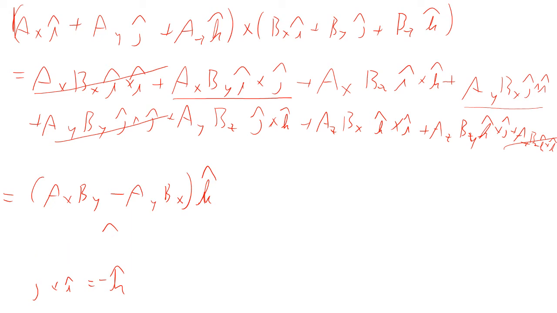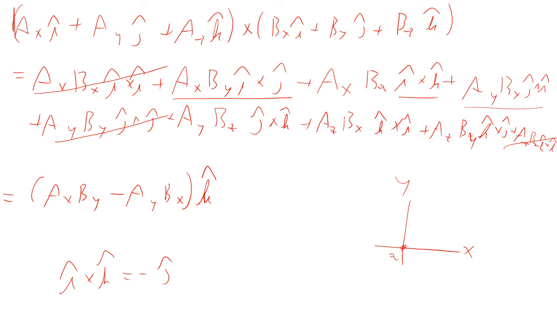Then we ask, what is I cross K? Again, imagine X, Y, and Z out of the screen. You put your hand in the X direction and curl your fingers to point out of the screen, and that's going to be the minus J direction.